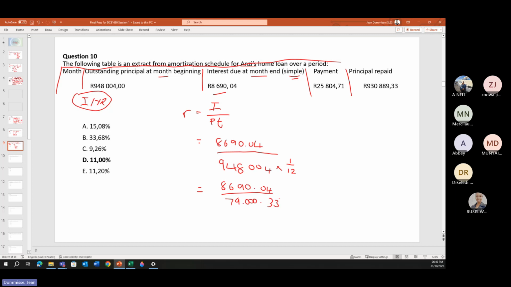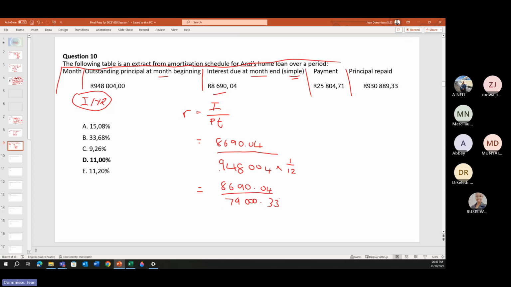I think it might be interesting if we don't keep the decimals, but I can't see that with that amount of decimals we will suddenly jump from 11 to 11.20 or from 9.26 to 11.